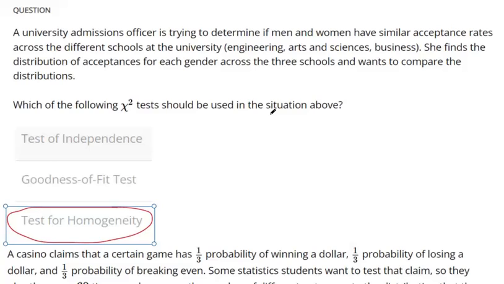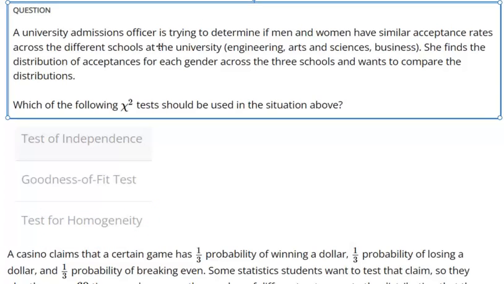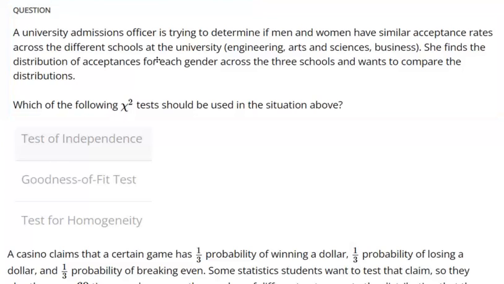We're testing to see whether those two are coming from the same distribution. So that one, it's two different groups. We're testing to see if their distributions are the same in two different groups. So that's the test for homogeneity.